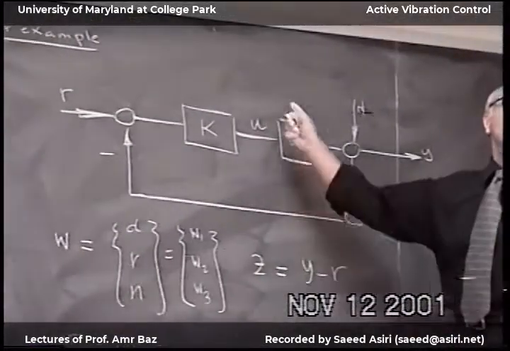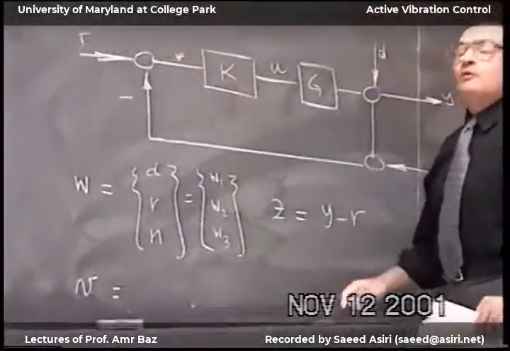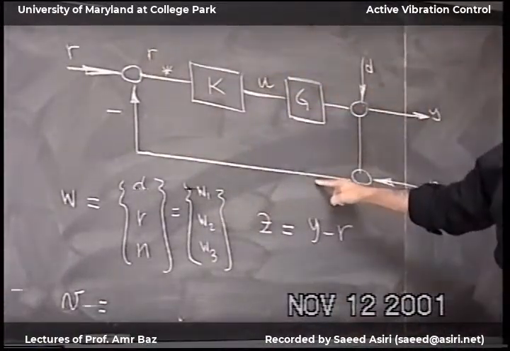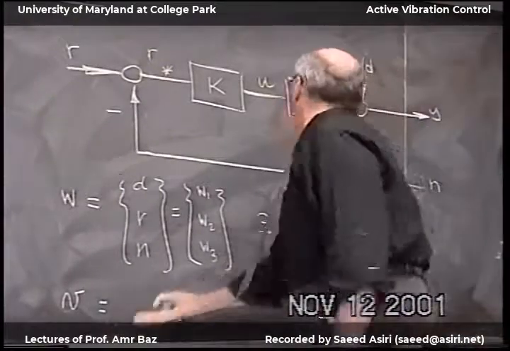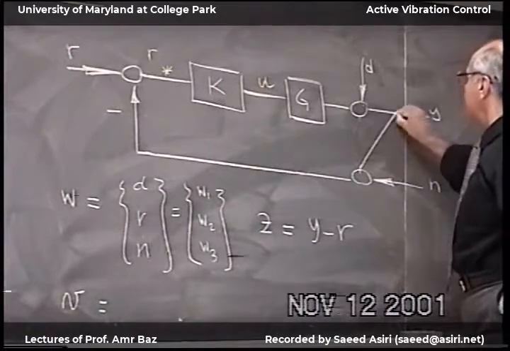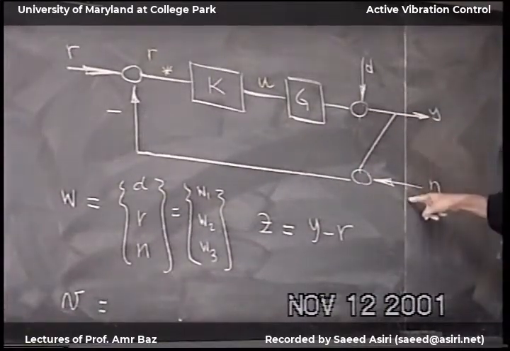So what I send to this controller is what I have at this location, which is R minus this, which is y plus m, the output measurement plus the noise.